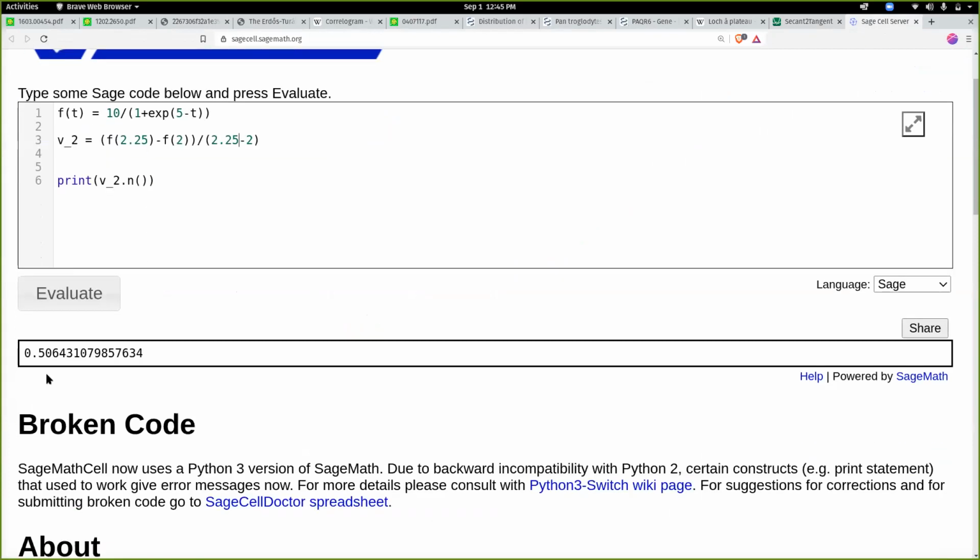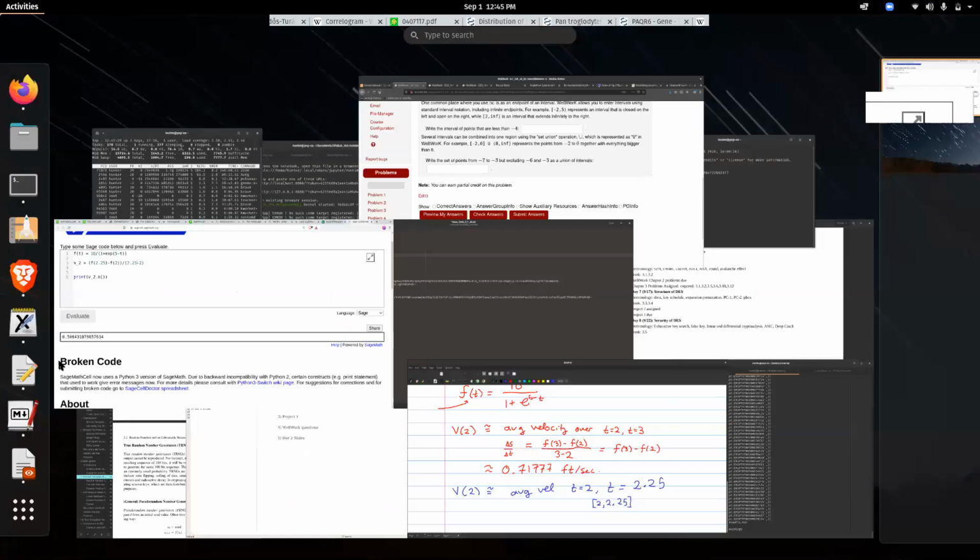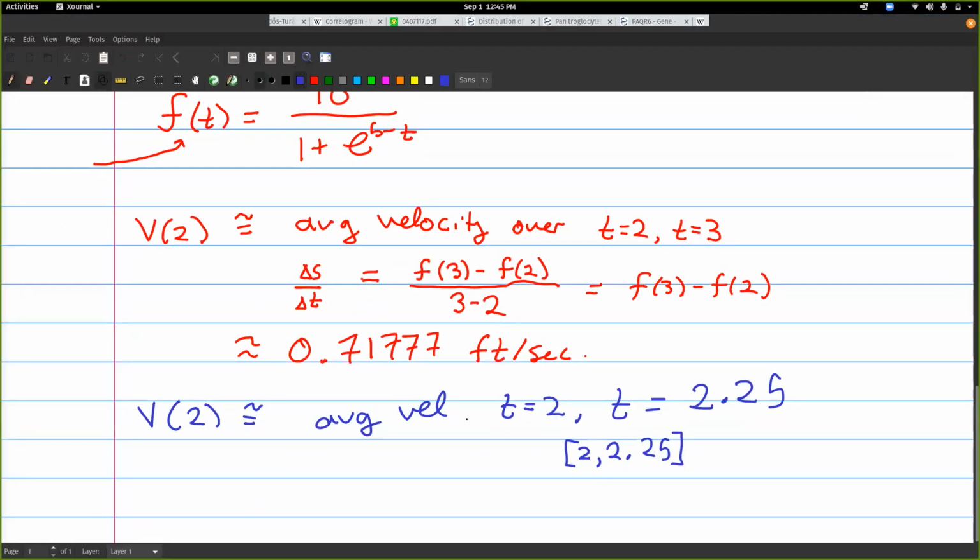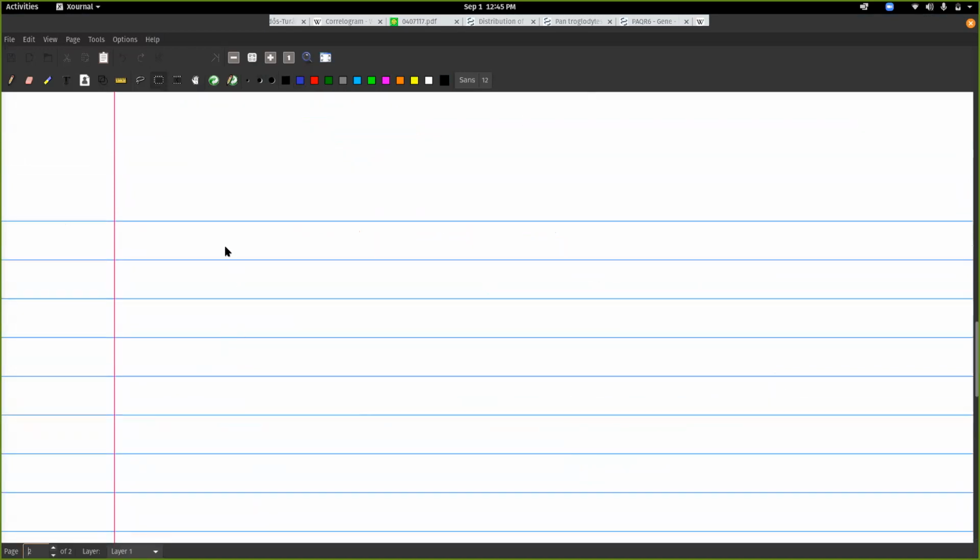So we get a different number. Now we get 0.5064. Okay. Let me come back and record that. All right. So I'm going to start making a list of these. Let me just copy this one. Copy this. Come to a new page, and we're going to start making a table. All right.